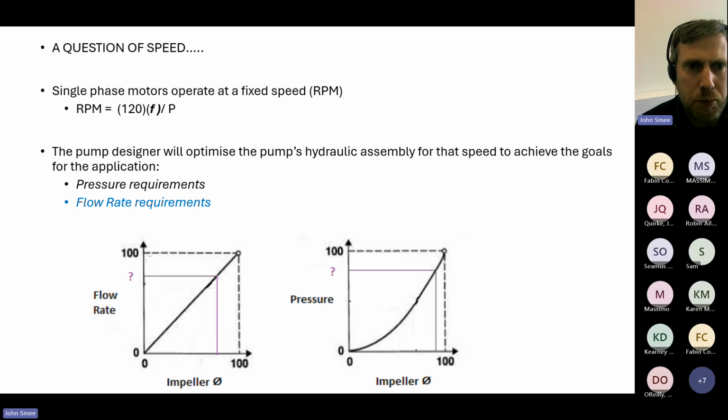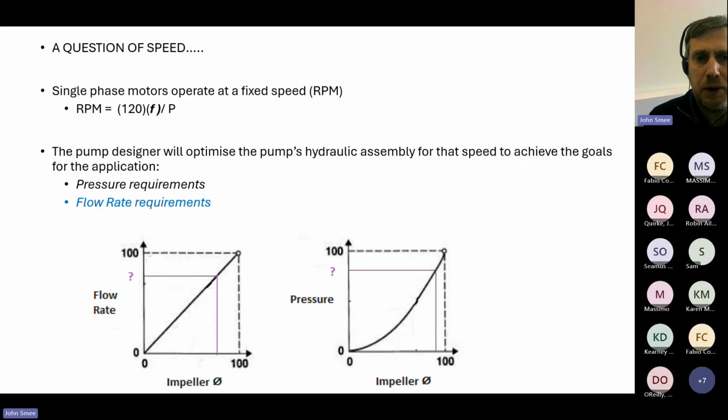And you can actually work out the RPM of that pump. It is 120 times the supply frequency, which in Ireland will be 50 hertz, divided by the number of pole pairs. So the frequency and the number of poles is what determines the RPM of the motor when you plug it in. And these tend to be fairly standard off-the-shelf items.